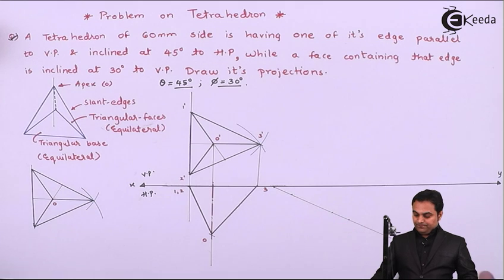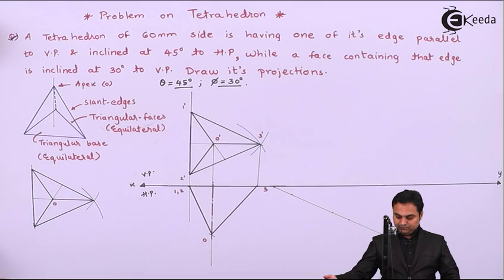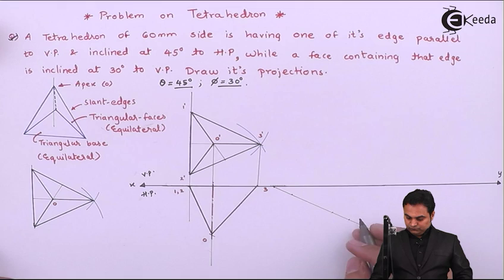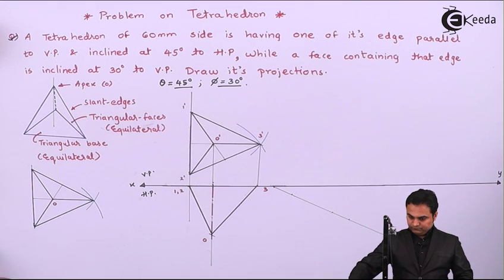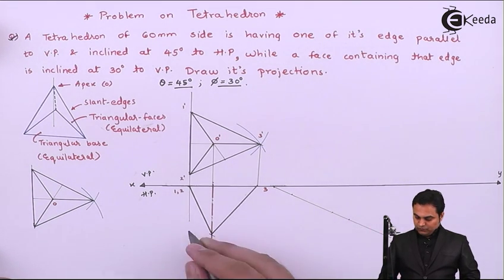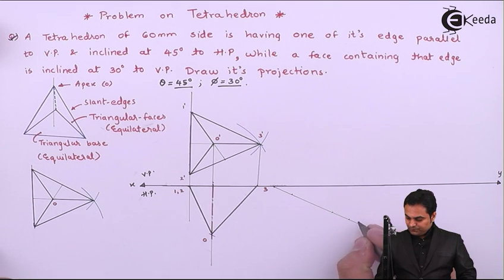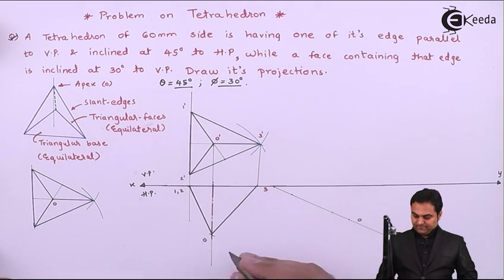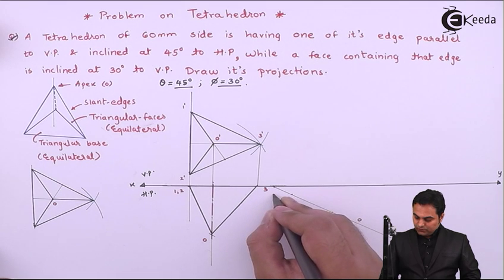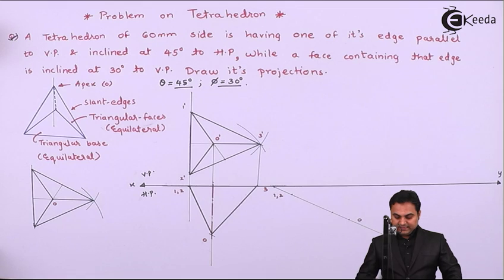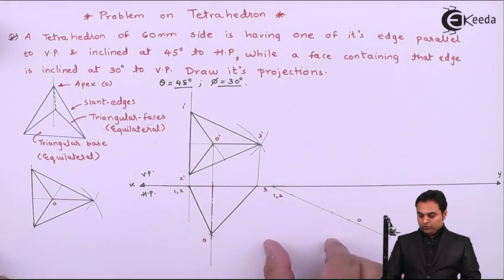So that gives me the edge which is O, and here it is 1, 2. Next I'll copy this tetrahedron over here.